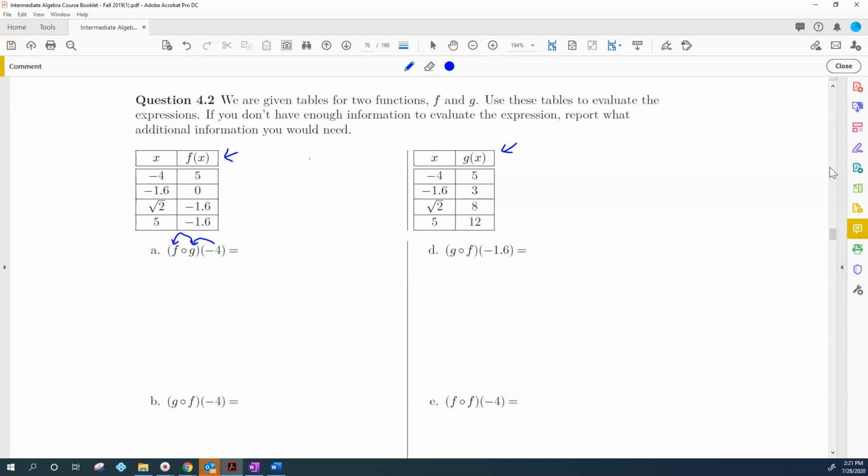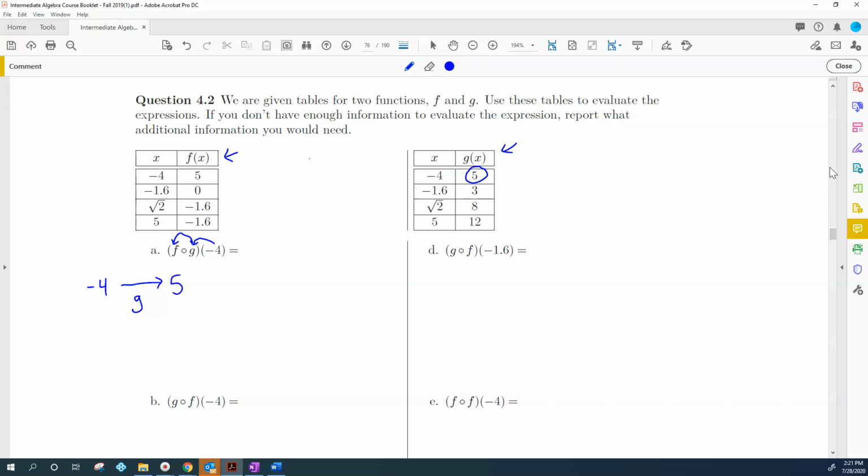Sometimes this makes more sense to students. So if I'm taking -4 and putting it into my g, look over here at this g of x table. This is saying when x is -4, g of x is 5. So that's what I'm going to get out, 5.